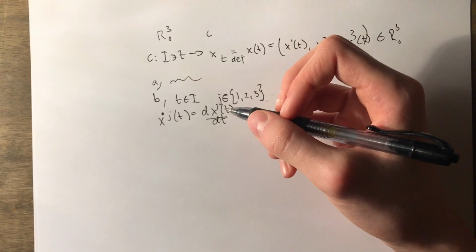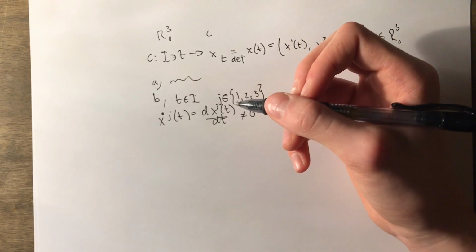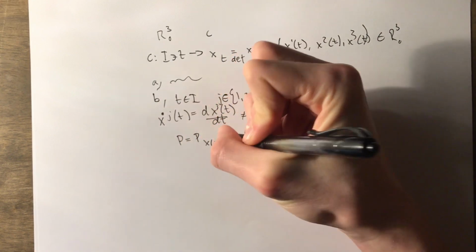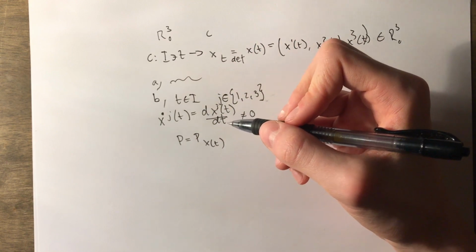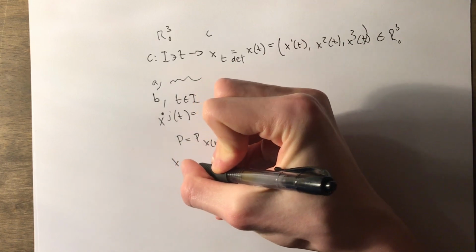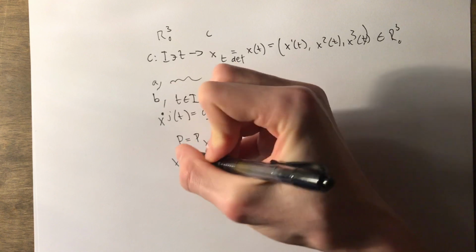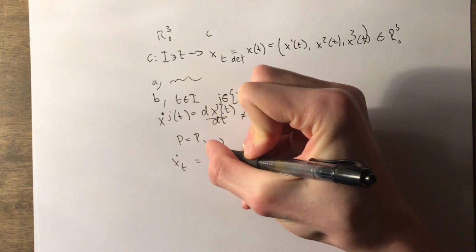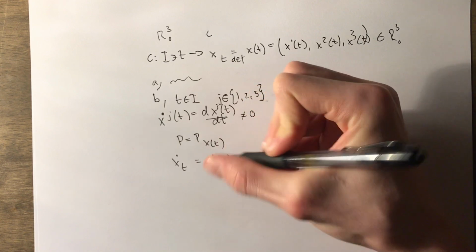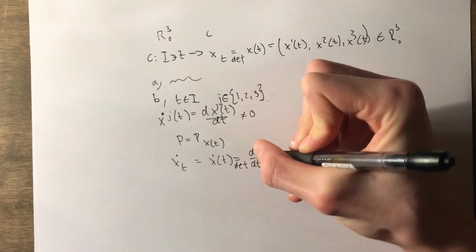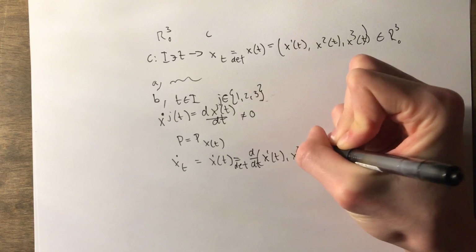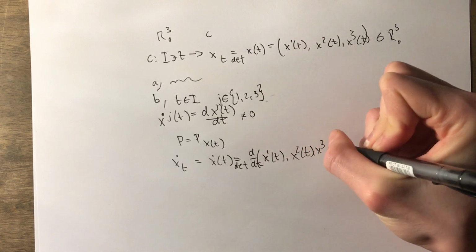The tangent vector of the curve C at its point P equals P_x of t, determined by the triple x equals x_t, is defined by the derivative x dot of t, which is by definition equal to the derivative with respect to t of x1 t, x2 t, x3 t.